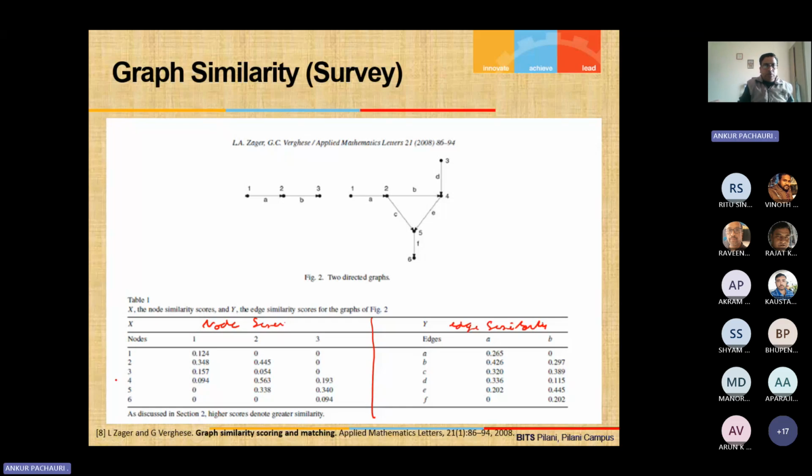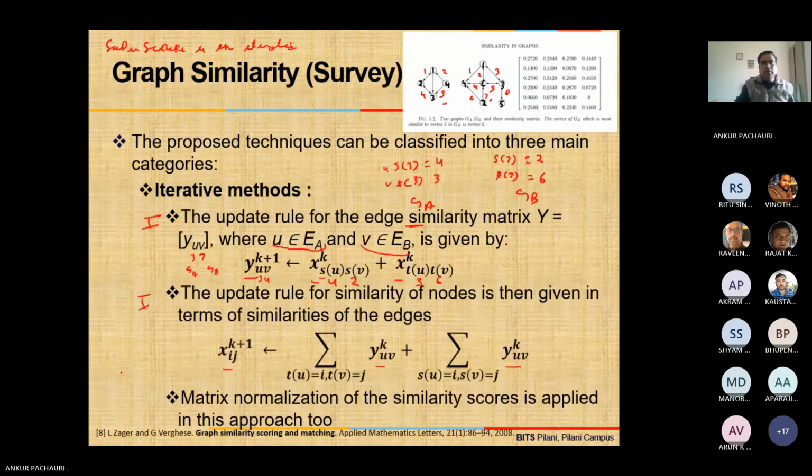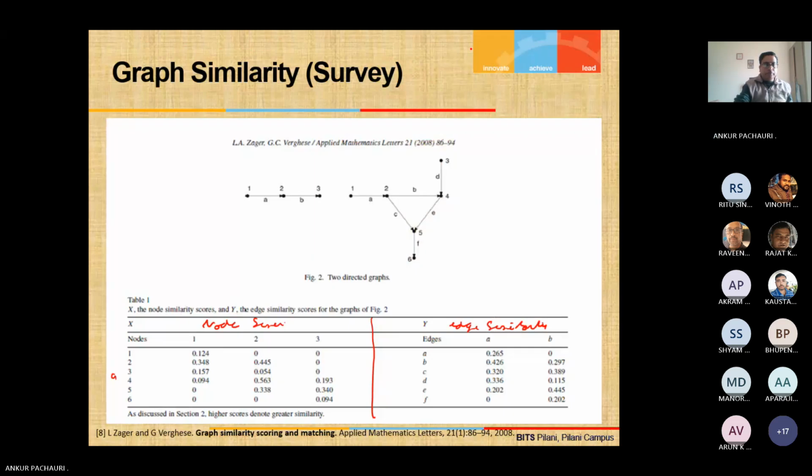Okay. So this is for G. This is A and this is B. So GA and GB. And this is for GA, and these are for the matrix GB.